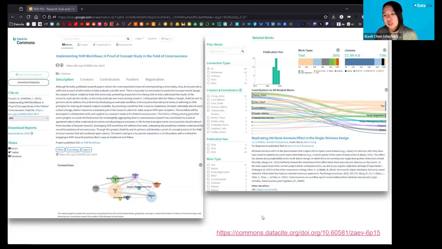You can see the project itself and the key metadata around it, with the description, creator, contributors, funder, registration information, and then all of the outputs that are deposited or shared on different platforms and in different forms, worked on by different people, all aggregated in one place, because they are linked through their metadata, extracted from all of these different platforms.